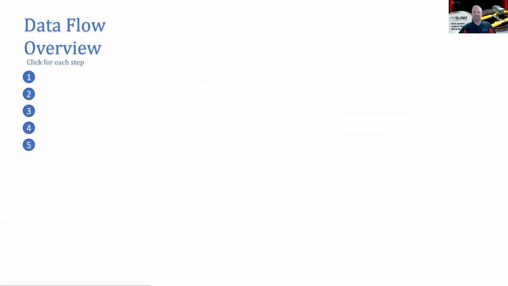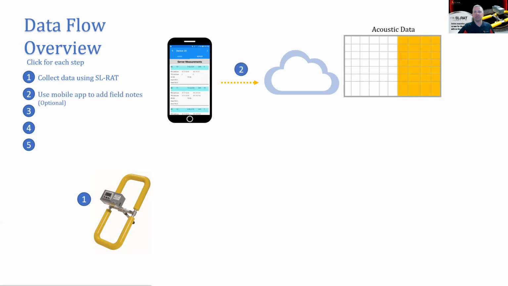The data flow starts by collecting data using the SLRAT in the field. As we just discussed, you can use the mobile app to enter field notes and assess IDs such as manhole IDs or line segment IDs while you are doing these tests in the field. The data collected with the app is stored in the cloud and is awaiting the data download from your SLRAT.